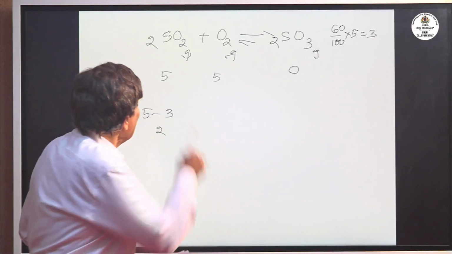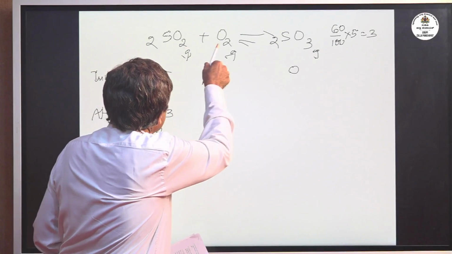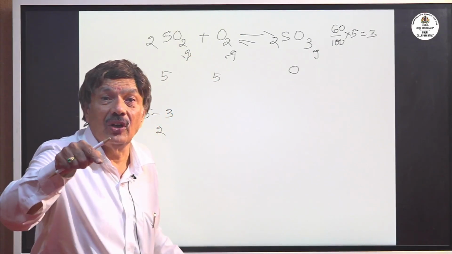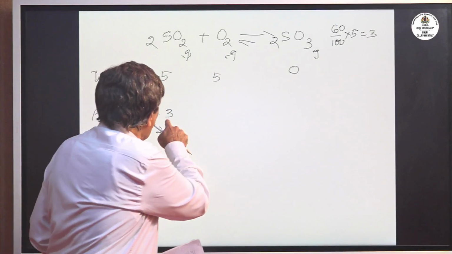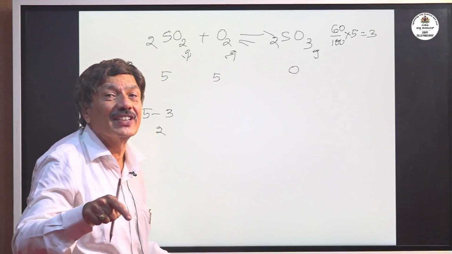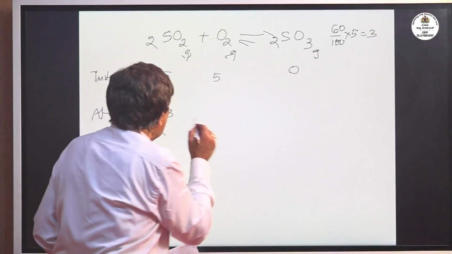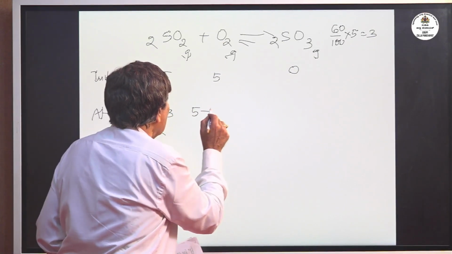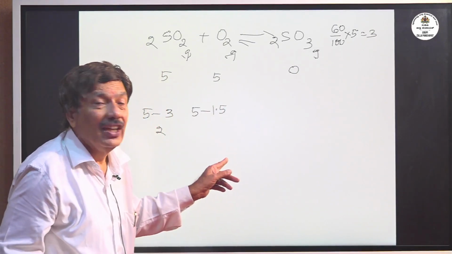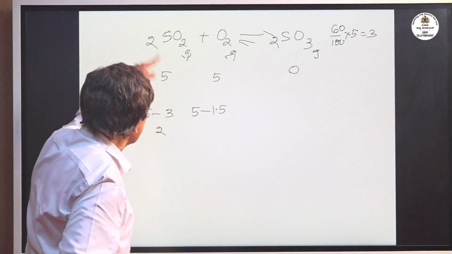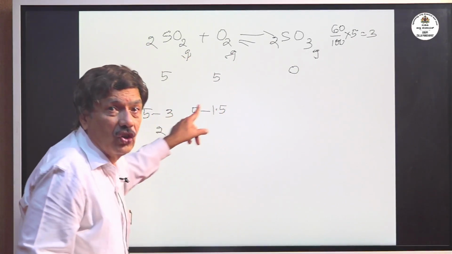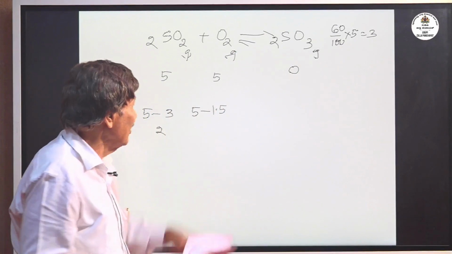See the stoichiometry. So oxygen required is half that of SO2, because 2 SO2 and 1 O2. Since 3 of SO2 is used up, the oxygen that is used up is half of that, 1.5. So remaining is 5 we took, out of that 1.5 underwent combination. Because if sulfur dioxide is 2, oxygen needed is 1. Sulfur dioxide used up is 3, so oxygen required is half of that, 1.5.